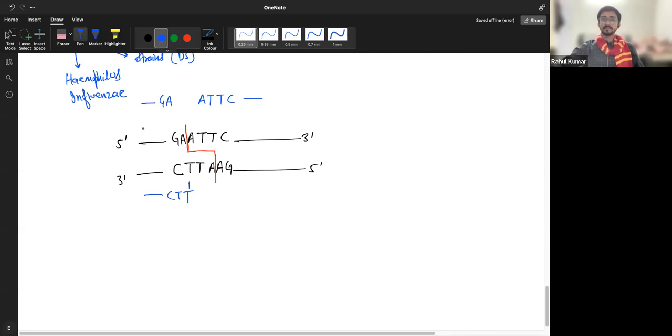Because of this cut, this is free. And on the other side, not just the T, but also the A. These two are free because only these two are bound when the DNA is cut. So the DNA will look something like this, smaller, and it has two extra, and the other end will look something like this, correct?